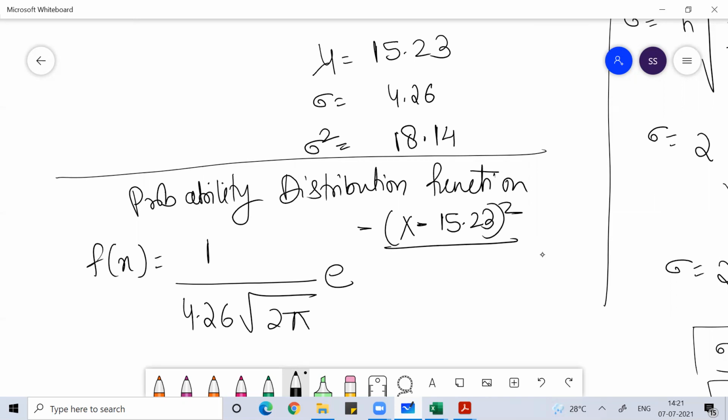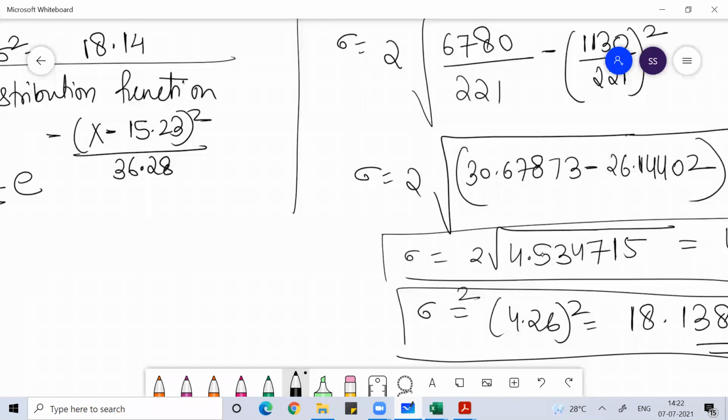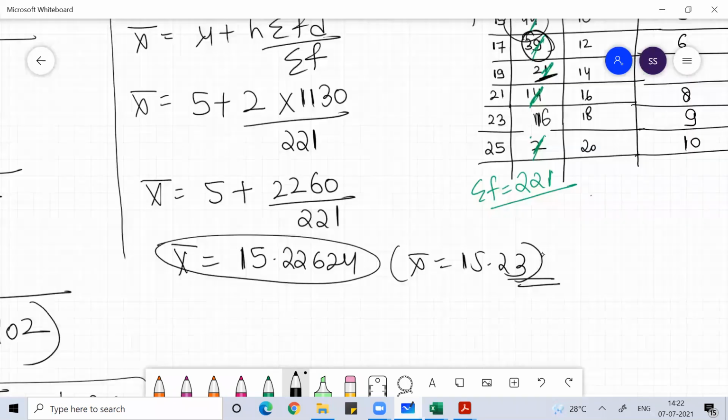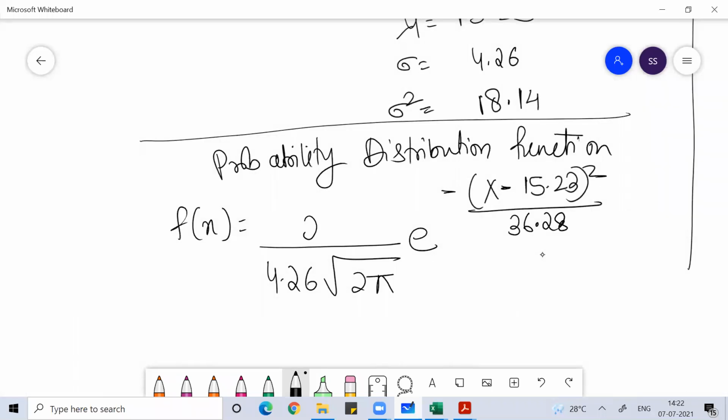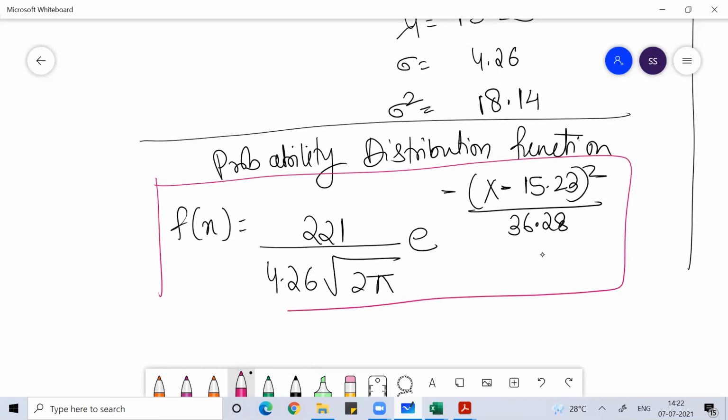Sigma is 4.26, mu is 15.23. And here sum of f will come. Sum of f is 221, as given in the book. So this would be your probability distribution.